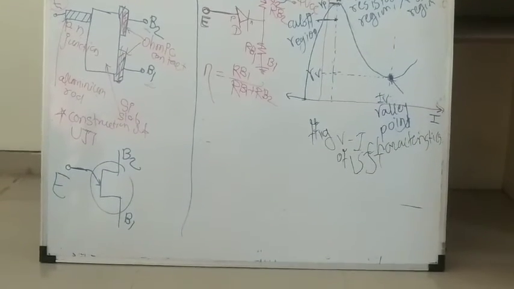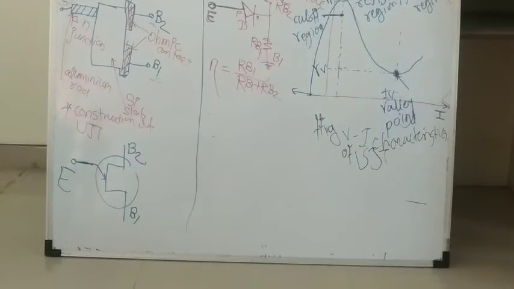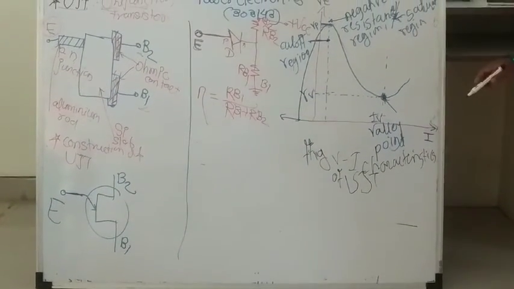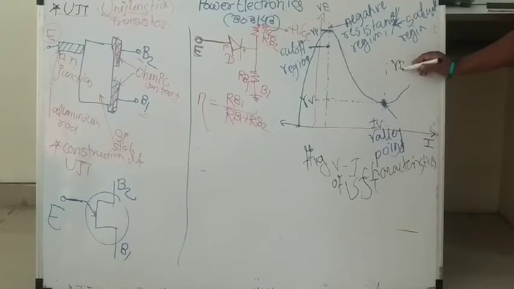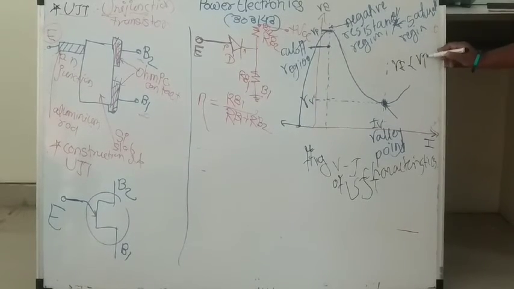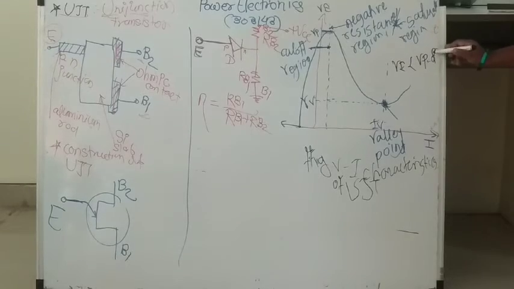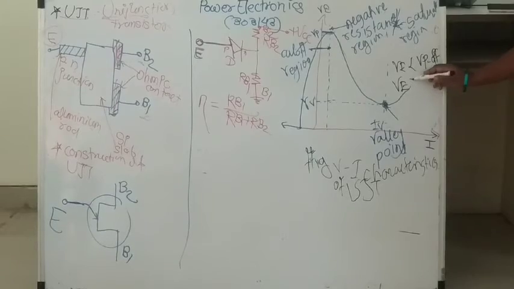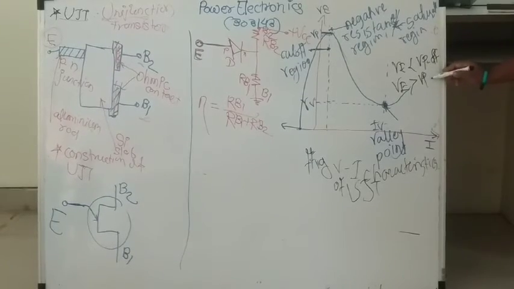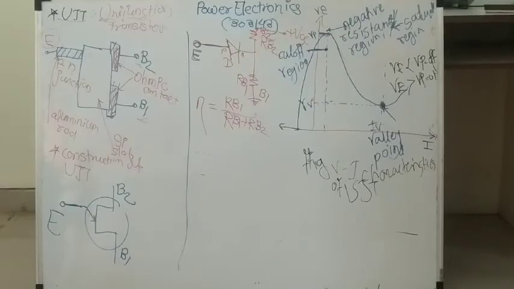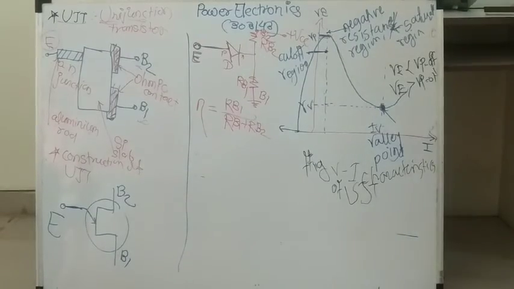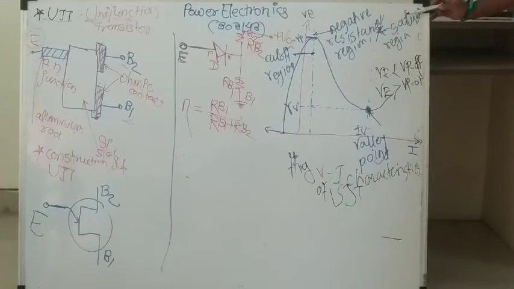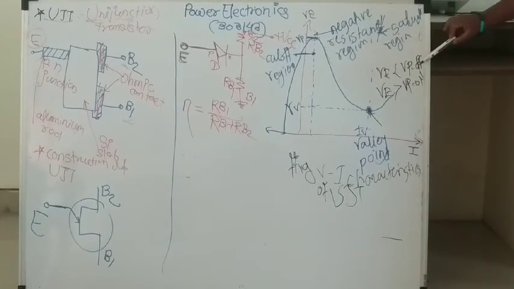From this, it is clear that when your applied voltage, that is your emitter voltage, is less than the peak voltage, at that time your UJT is in off condition. Second, when your applied voltage is greater than or equal to the peak voltage, at that time UJT goes into on condition. This is your working principle, explained with the help of characteristics, because without characteristics it is difficult for students to understand.